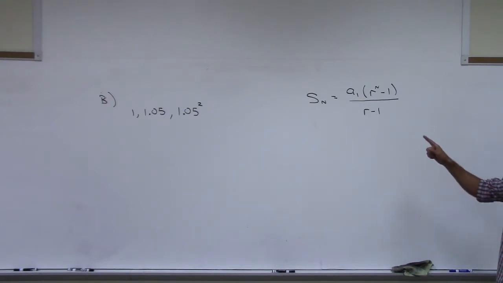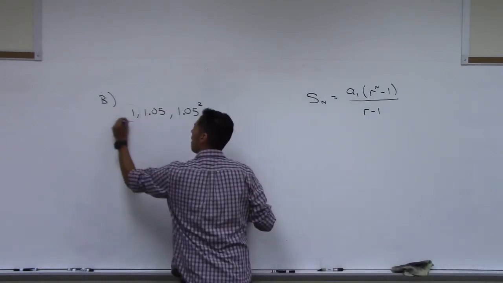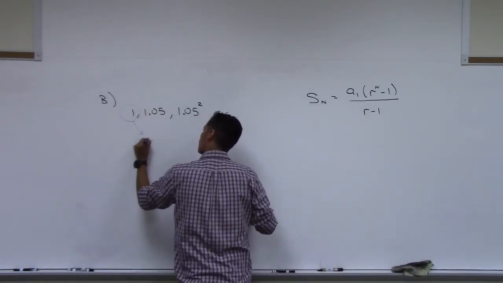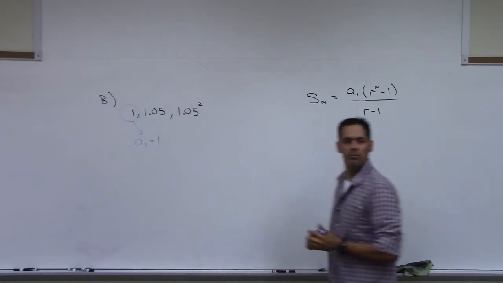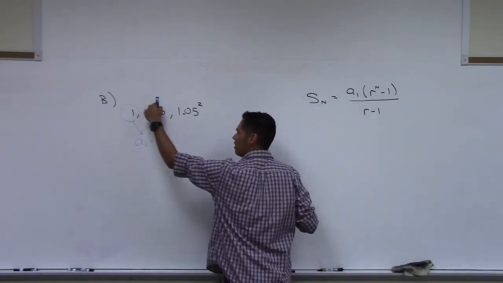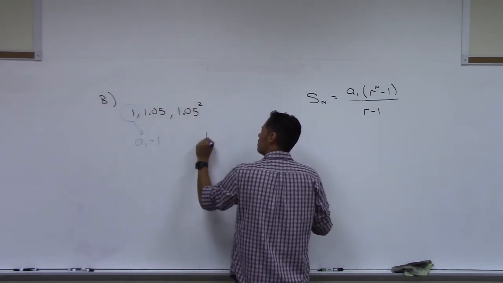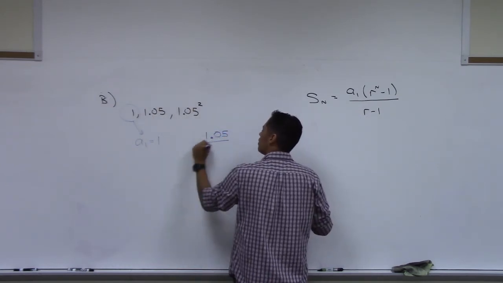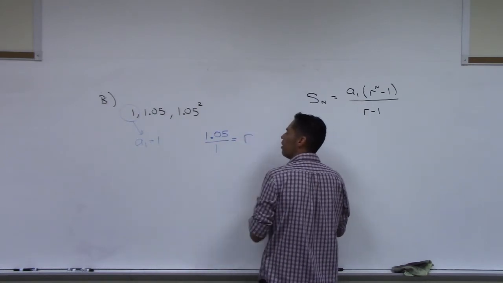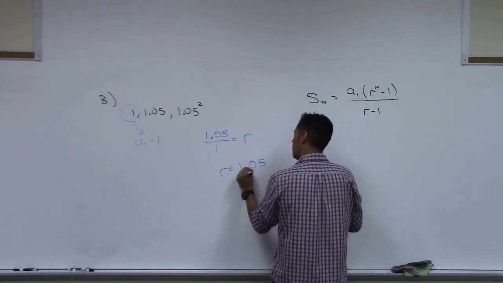We know a sub 1 is 1. What about r? 1.05. Yeah, so to get r, all you have to do is take this one and divide by this, or this one divide by this. Either one, doesn't matter. If they're telling you it's geometric, then this ratio has to be the same all the time. So r is 1.05.